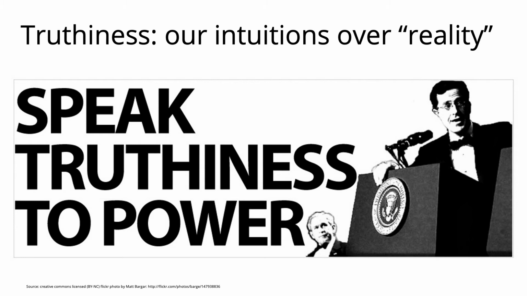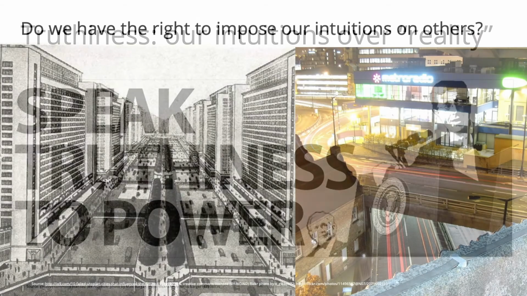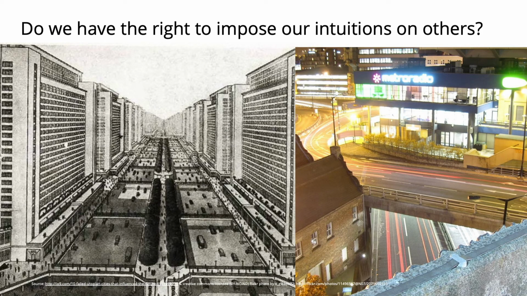And that's mostly brought about by our background, by the moral system we've been brought up into, by our education, by our culture, and these sorts of things. Essentially, this is the basis of our worldview. So our intuitions are partly about our realities, and those realities might not apply to other people. And this is an important question, because do we really have a right to impose our intuitions on other people who might not agree with our intuitions?